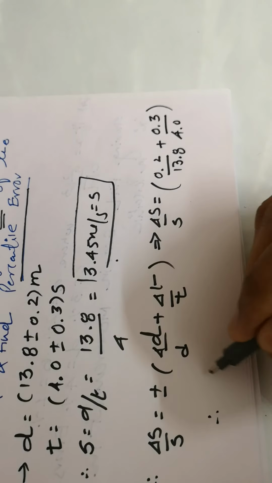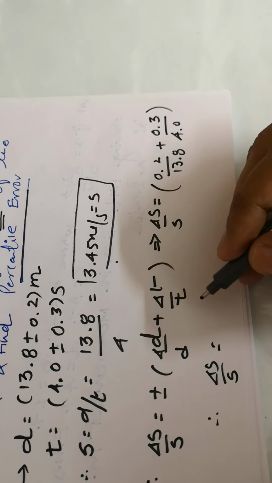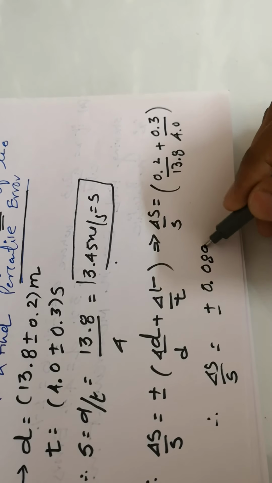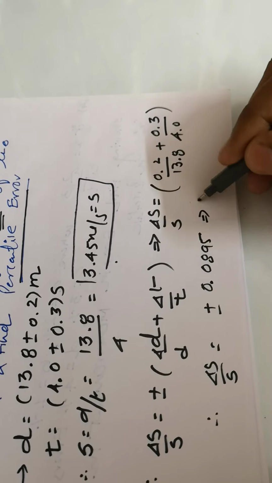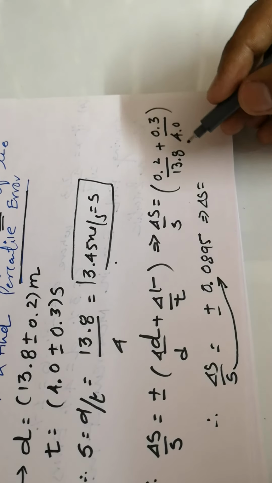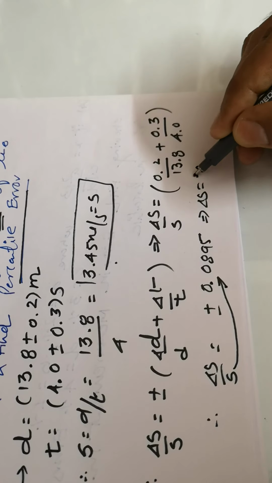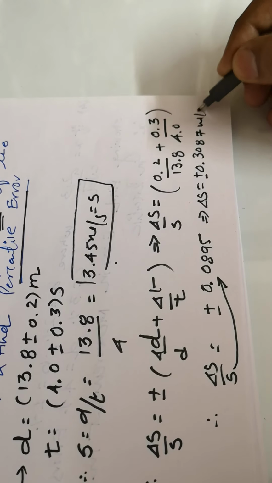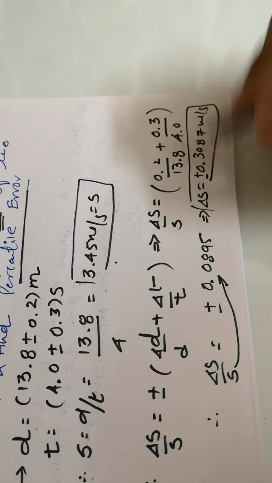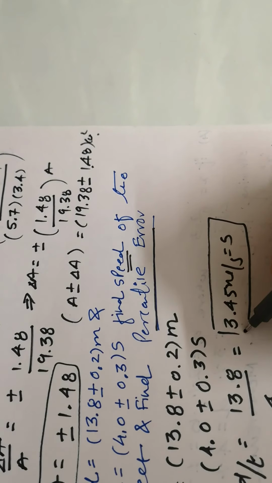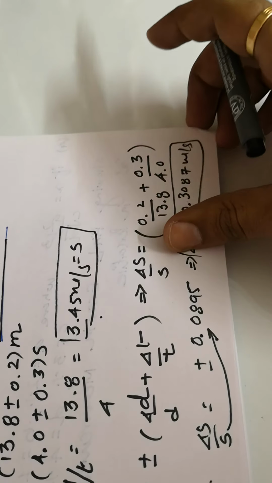After calculation I may get delta S by S equal to plus or minus 0.0895. I want to find delta S, so I'm just multiplying S with this data, which directly gives me delta S equals plus or minus 0.3087 meter per second. You can represent it like we have shown previously for delta A by A: this is my S and this would be my delta S, so you can arrange it in those terms.